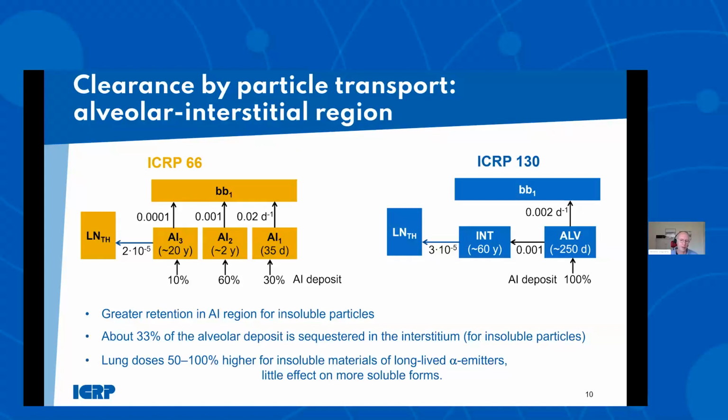In fact, for typical insoluble materials, the increase in lung doses is about 50–100% for long-lived alpha emitters. This change in the transport rate has little effect on more soluble forms.